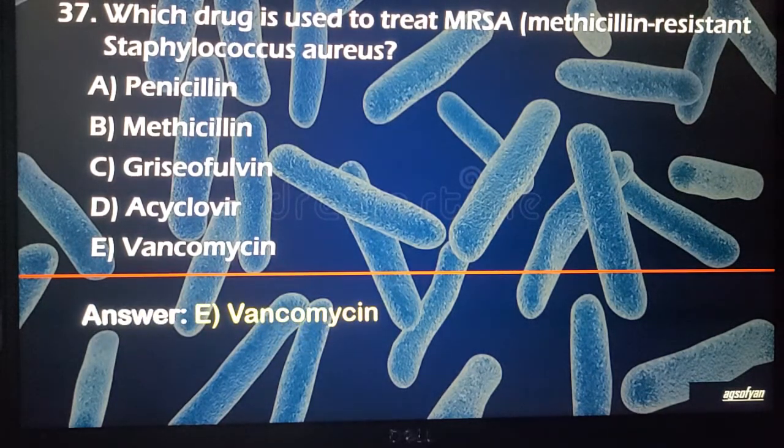Yes, the answer should be vancomycin. Remember, penicillin and methicillin are actually the same type of antibiotics, and they are not effective against MRSA. Griseofulvin is for fungi. Acyclovir is for virus. So the best answer will be vancomycin.